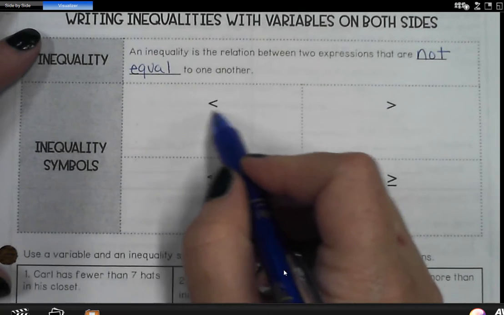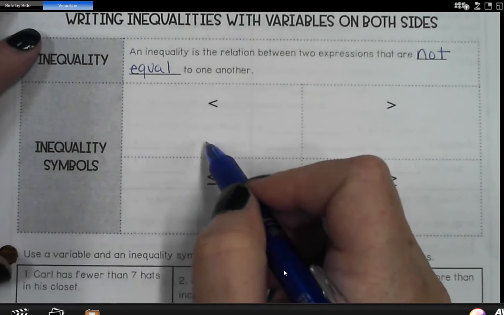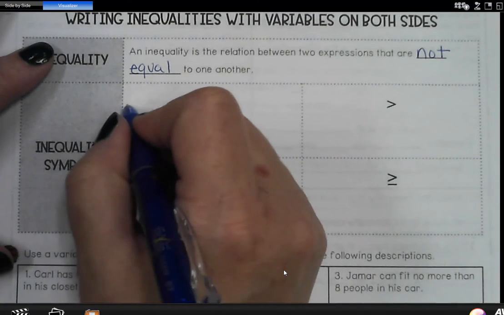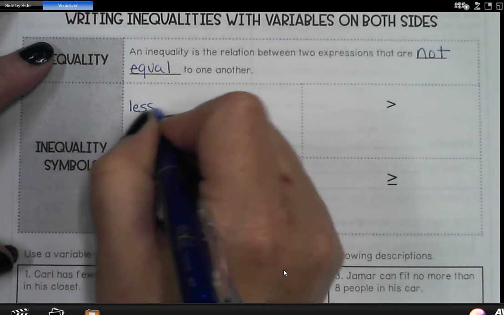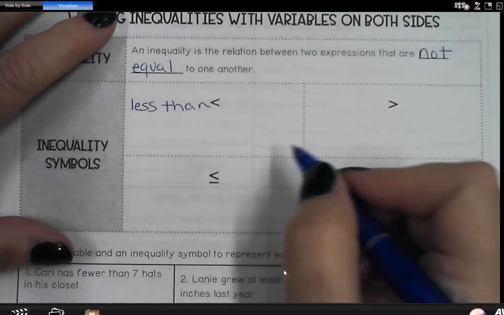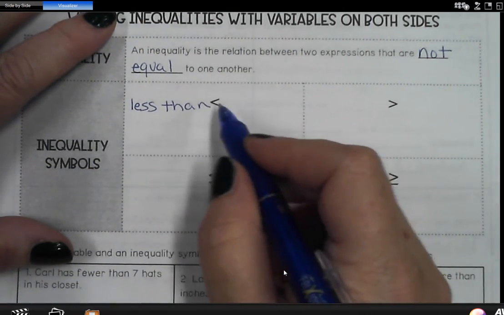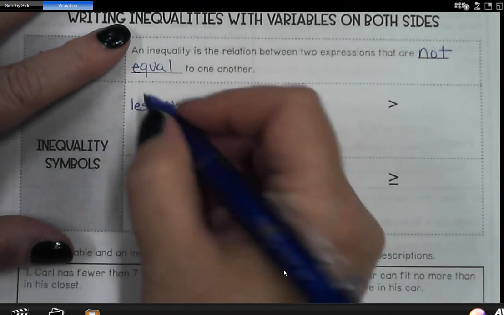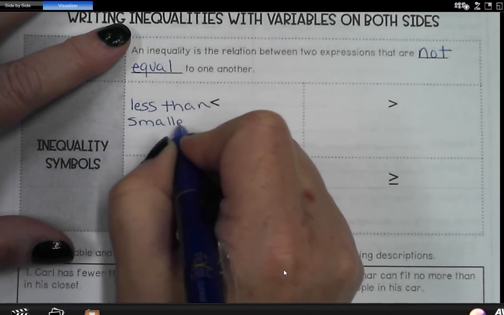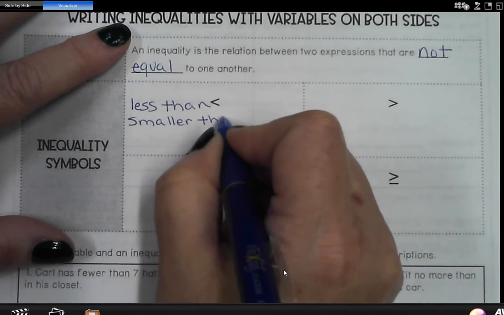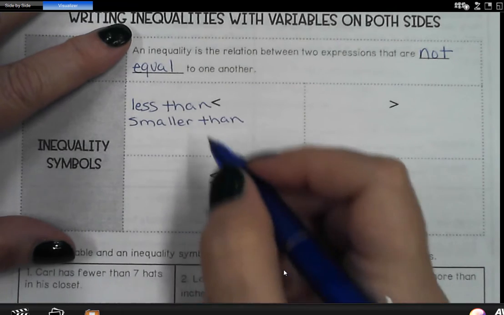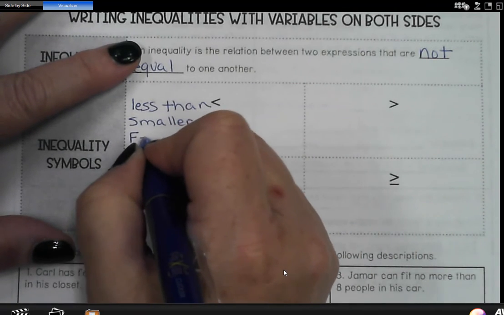Now, most of you know this as what symbol? Less than. Now, there are other ways to say less than. You can say smaller than, fewer than, exactly.